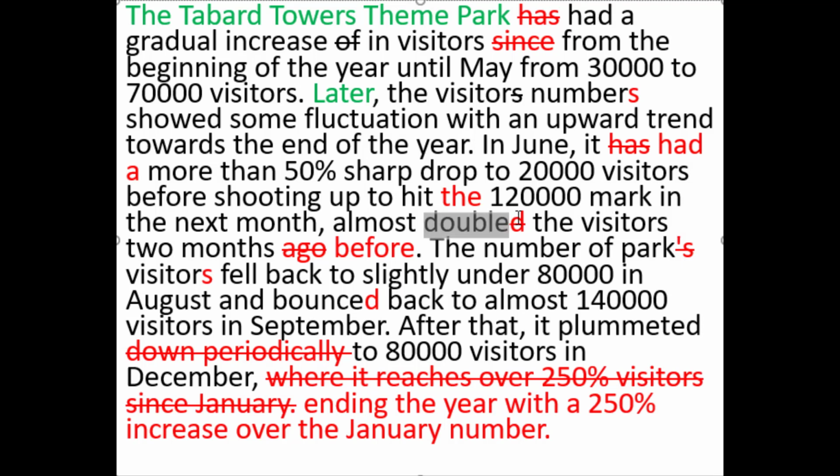Now here they use doubled as a verb, but I think they want to use it as an adjective instead of a verb. So almost double the visitors 2 months before. They said ago. Ago is not the right word. When we use ago, we mean before now.